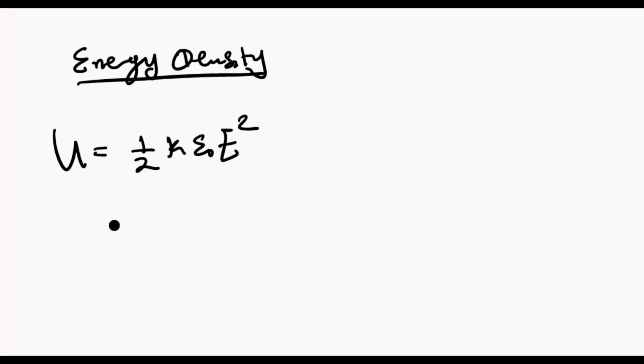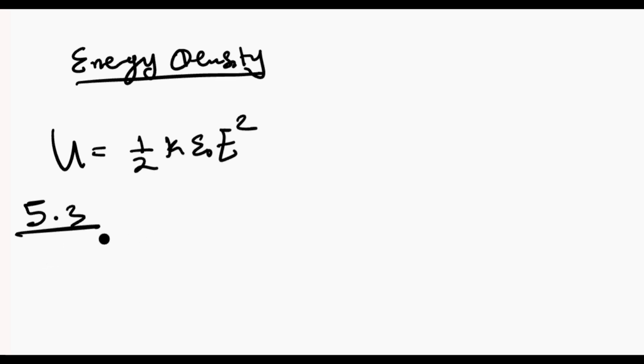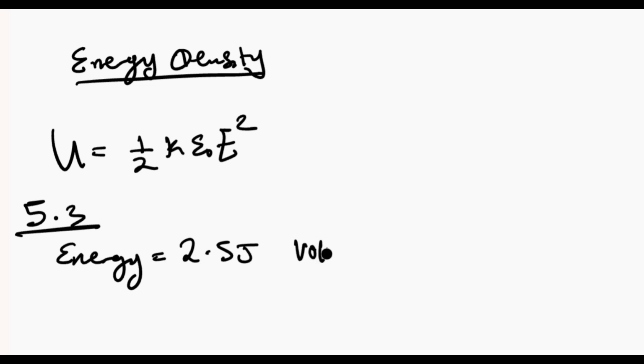If we are correct, let's check a question, example 5.3. It says, what is the magnitude of the electric field required to store electric potential energy of 2.5 joules in a vacuum of volume 1.3? So in here we can see that the energy is equal to 2.5 joules, and the volume is equal to 1 meter cube.